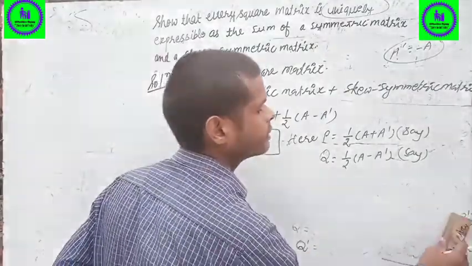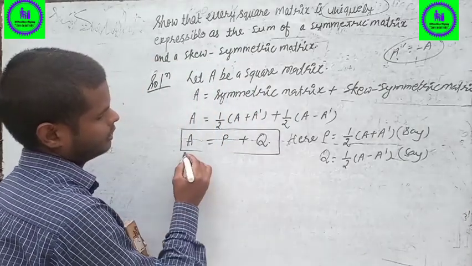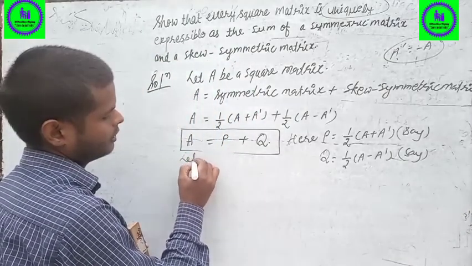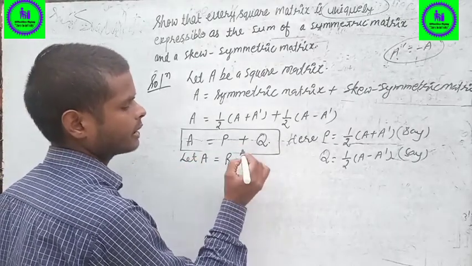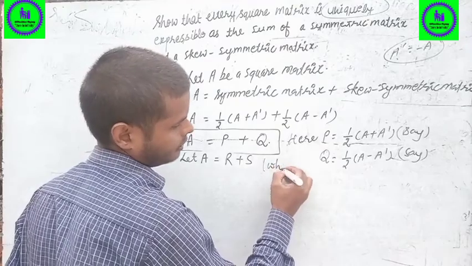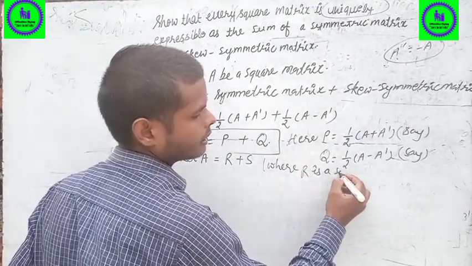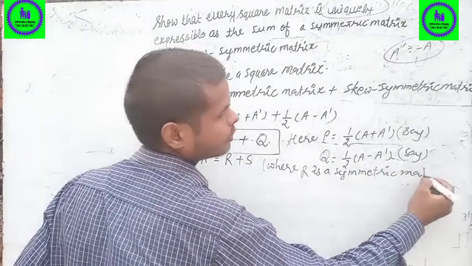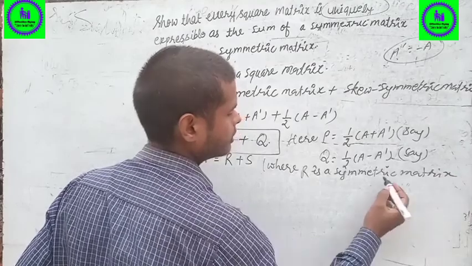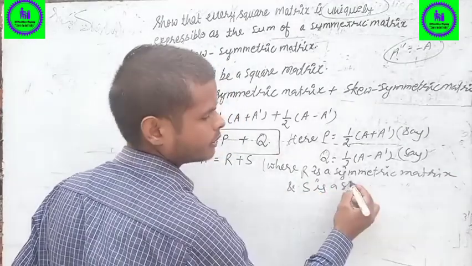Taking A is equal to R plus S, where R is a symmetric matrix and S is a skew symmetric matrix.